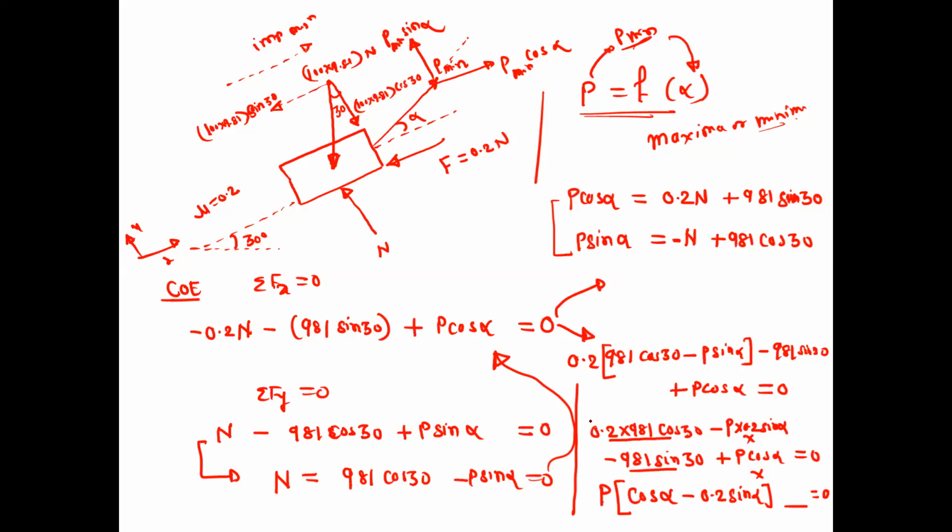So in this equation, actually this is minus 0.2. So take this minus 0.2. So it will be minus point, and this will become plus P into 0.2 into sine alpha. And this term will be as it is minus 981 sine 30 and plus P cos alpha. So finally, we will get the equation like this.